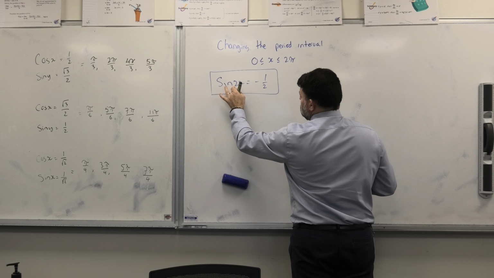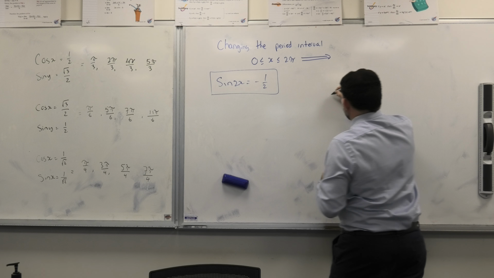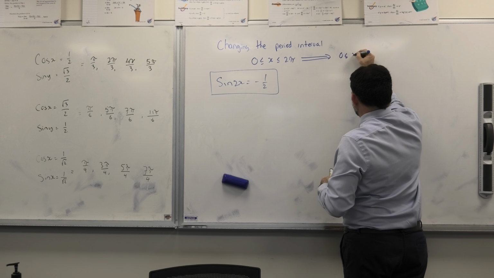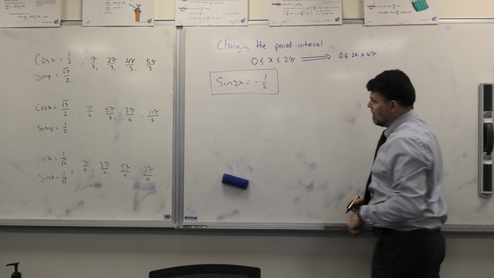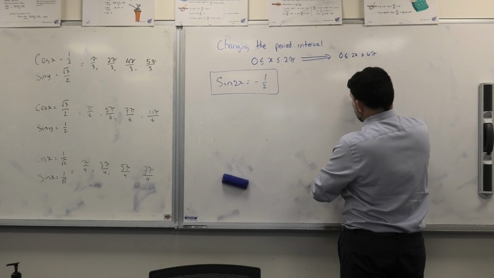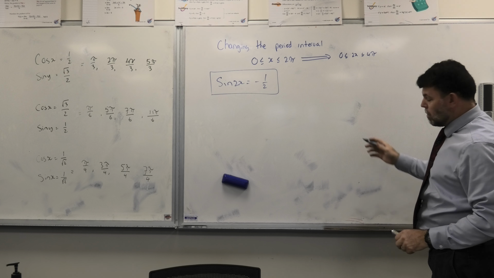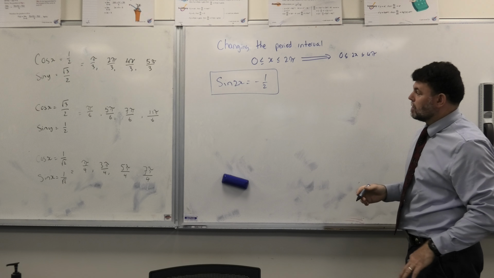However, I want to multiply this by 2. So my new interval now will be 0 is less than or equal to 2x, which is less than or equal to 4 pi. So basically that means I'm going around that unit circle twice. And we're going to get to that in a second to explain how that works.